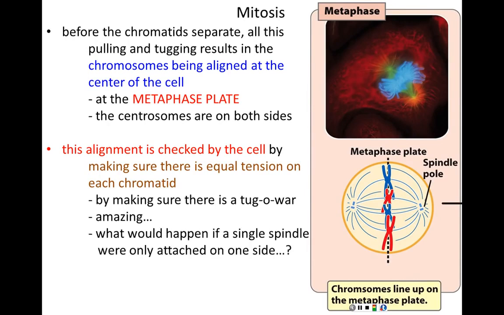Think about if this checkpoint wasn't occurring. Think about if the cell didn't care about equal tension on the line. What would happen if a single spindle, a single microtubule from one side of the cell was attached to one sister chromatid, and the microtubule from the other centrosome was not attached to the other sister chromatid?